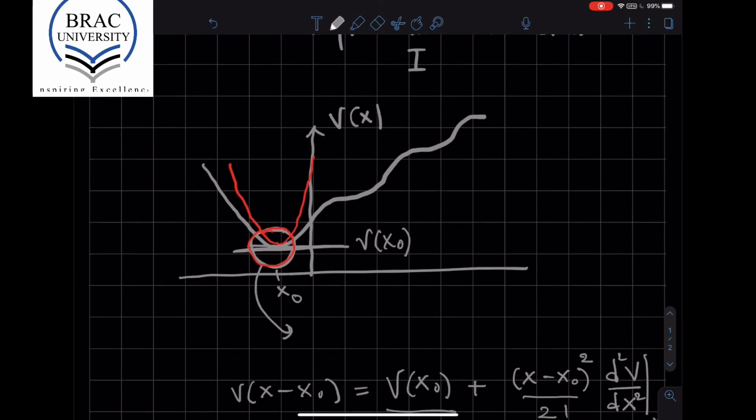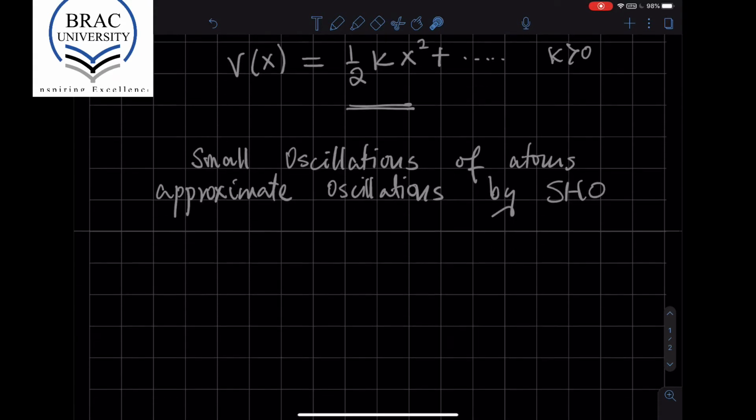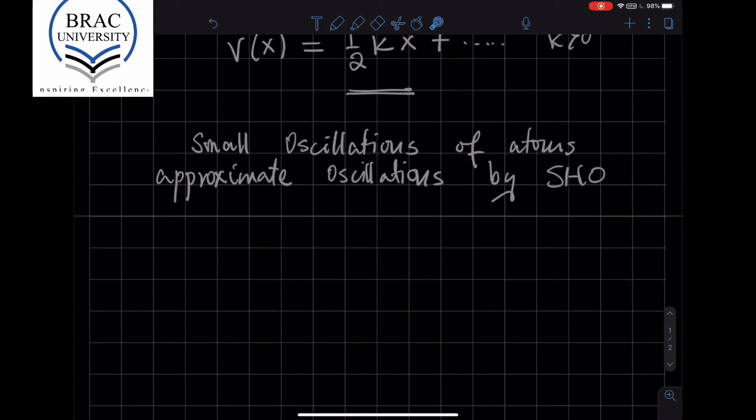Of course, when oscillations are large, then the harmonic or the quadratic approximation to the potential breaks down. Then you'd have to deal with what is known as an anharmonic oscillator. But we shall not go into that in this course.